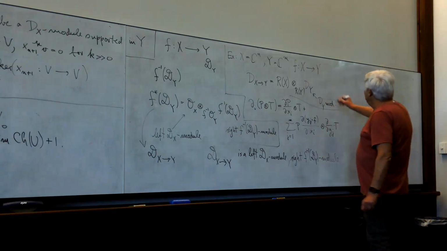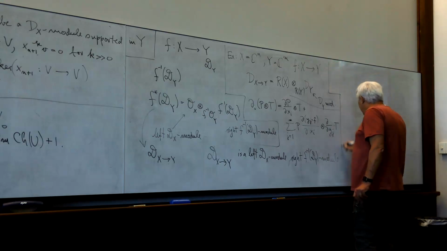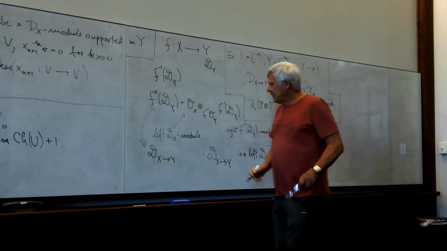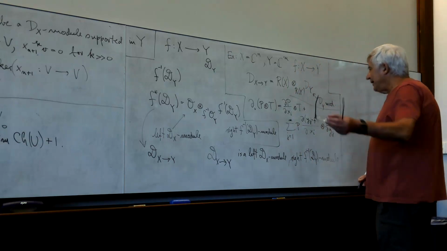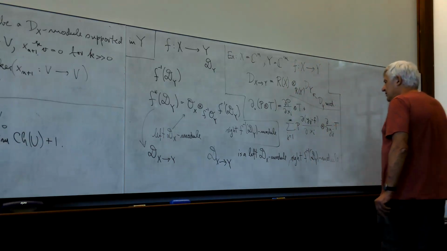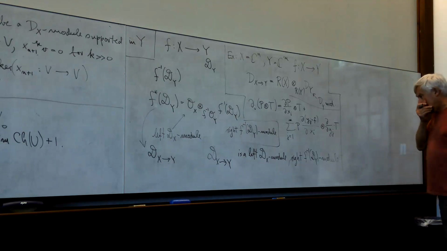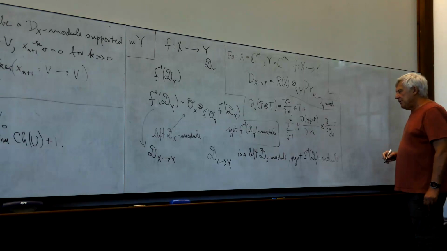So this is a D_Y-module, which is like a change of ring thing. If you look, say, at the inverse image we discussed, I don't know if you pointed out this formula, but let me briefly point this out.